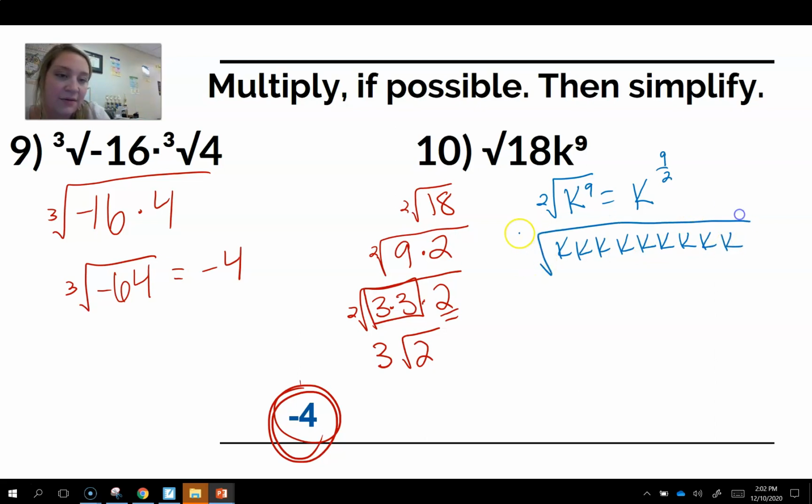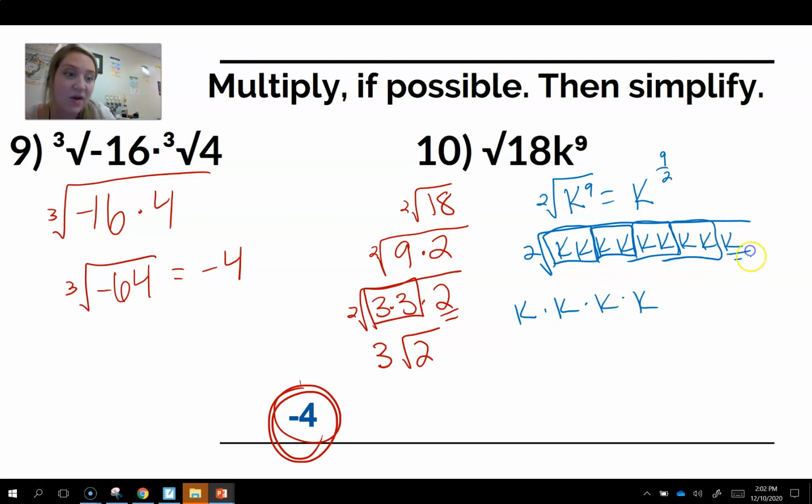There we go. Our index is 2, so we're looking for pairs. Here's a pair. It gets to come out. Here's another pair that gets to leave. There's a pair, and then there's my last pair. So we actually had 4 pairs of k's, right, with 1 left over.